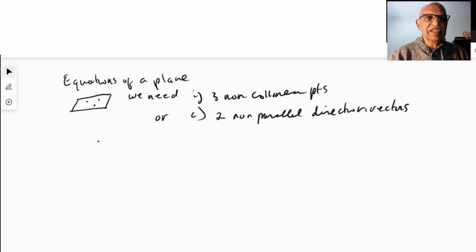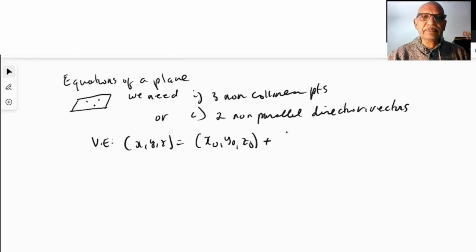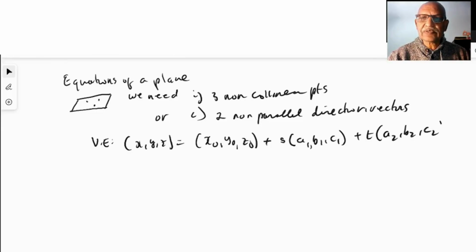So since we have two, I can say the vector equation of a plane will always be (x, y, z) equals a starting point (x0, y0, z0) plus s(a1, b1, c1) plus t(a2, b2, c2).